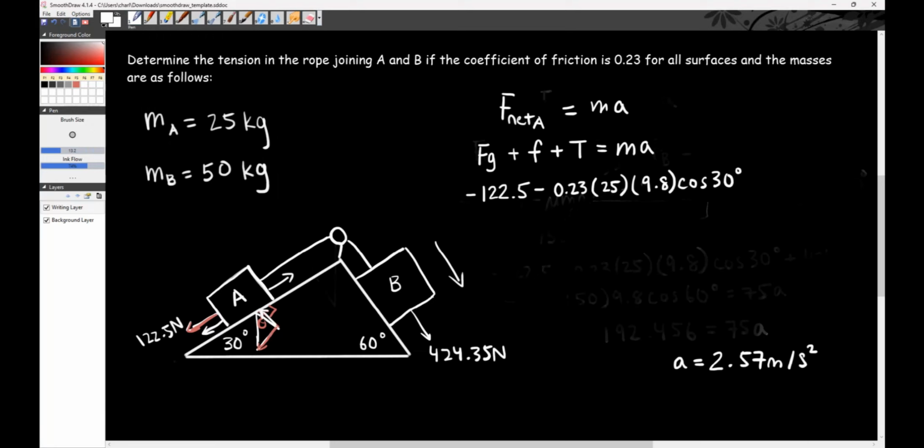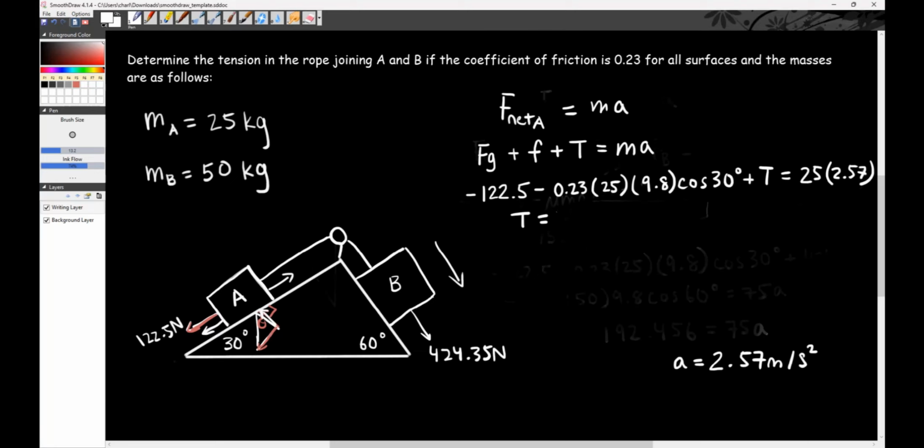And finally, plus T, since it is moving in the direction of motion. M is just going to be 25 since we're doing it for A. And we already know acceleration, which is 2.57. Now let's isolate for T.